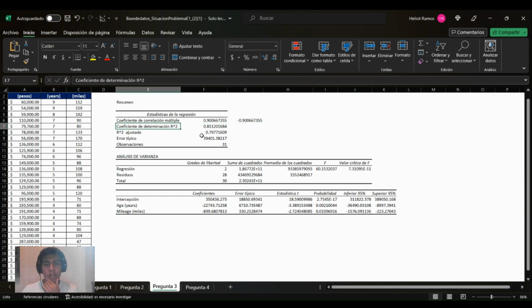Although it is useful in more common statistics, they like to use R squared adjusted.